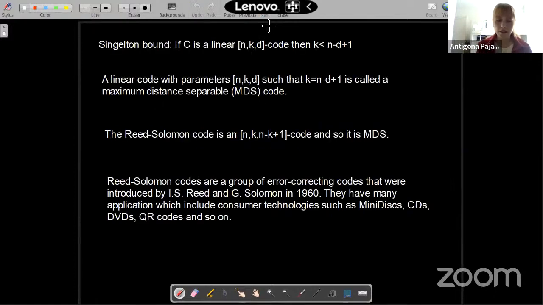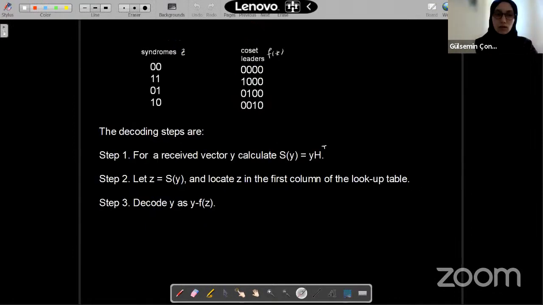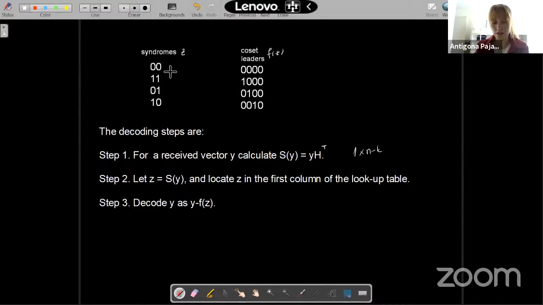Antigona, do we see syndromes as a matrix? What do you mean, matrix? As 2 cross 4. Yeah, the syndrome itself is a 1 by n minus k matrix. So in our case here, n was 4 and k was 2. So yeah, 1 by 2, right?